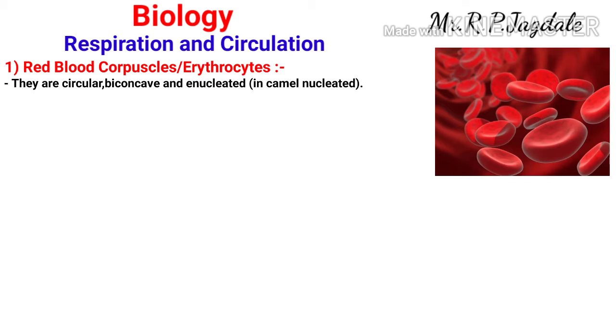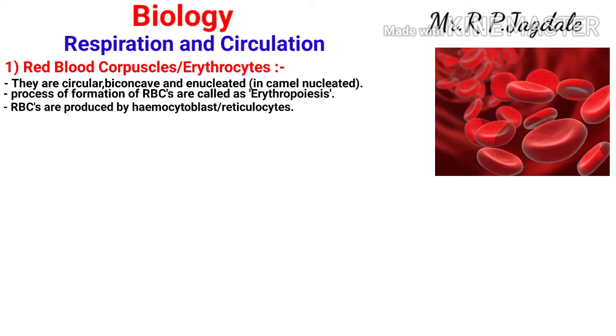Then the formation of RBCs. The process of formation of RBCs is called erythropoiesis. Remember, students, that the process of formation of RBCs is called erythropoiesis.